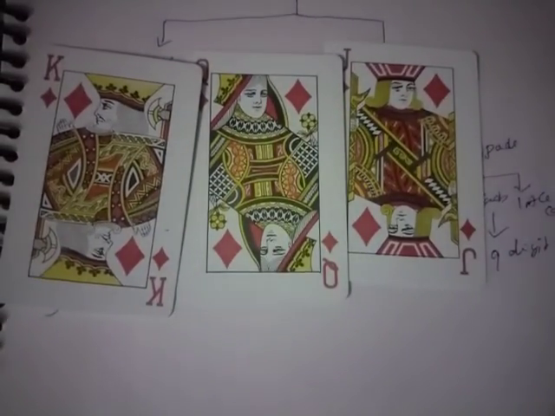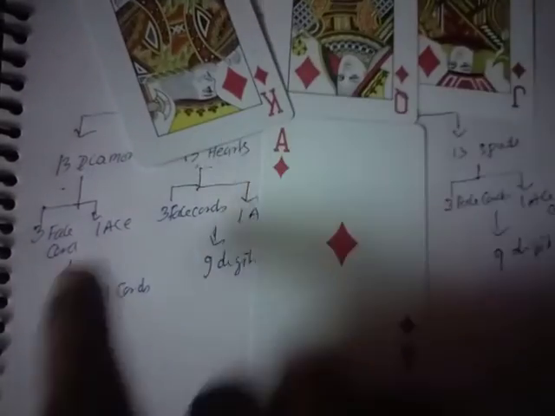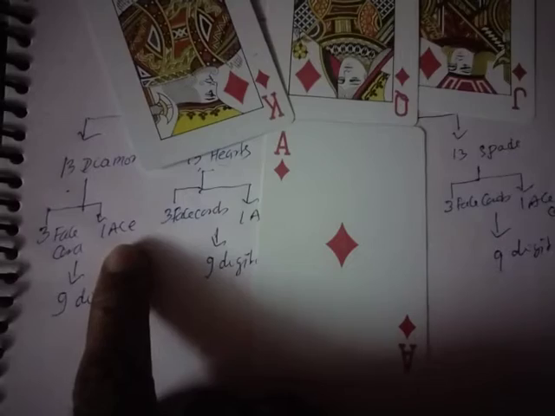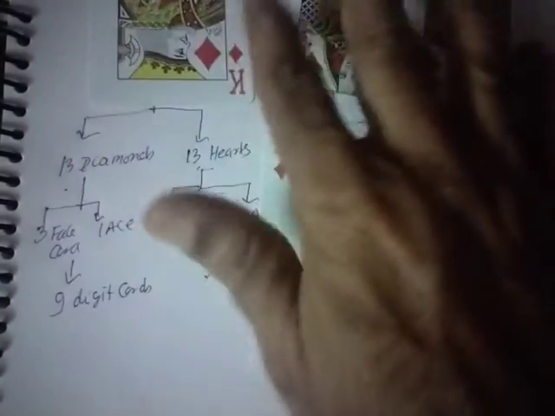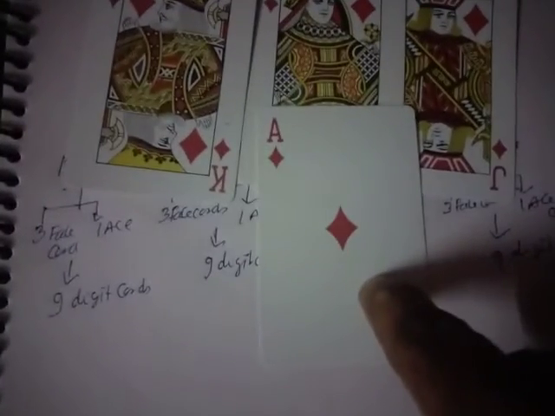And student, this is one ace card. So you see, 1, 2, 3, 4. 3 face cards, 1 ace card, that is 4.